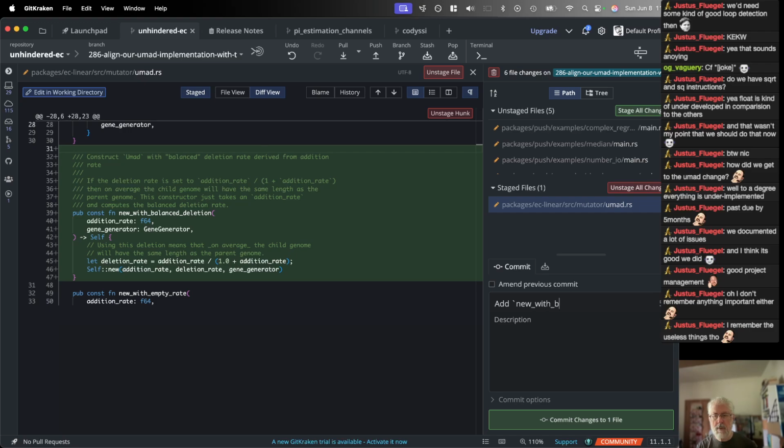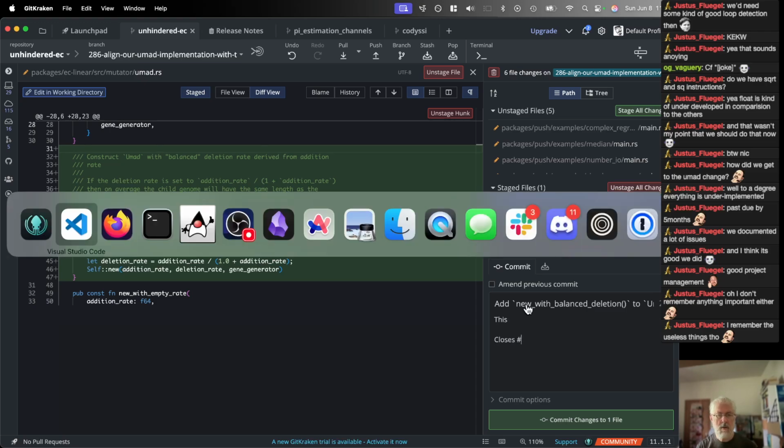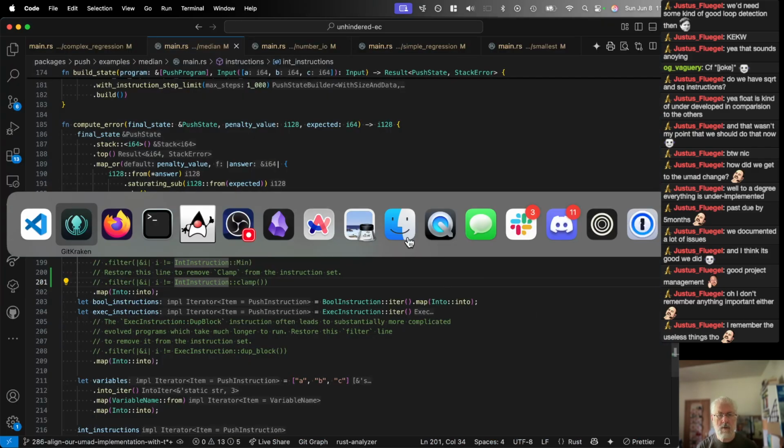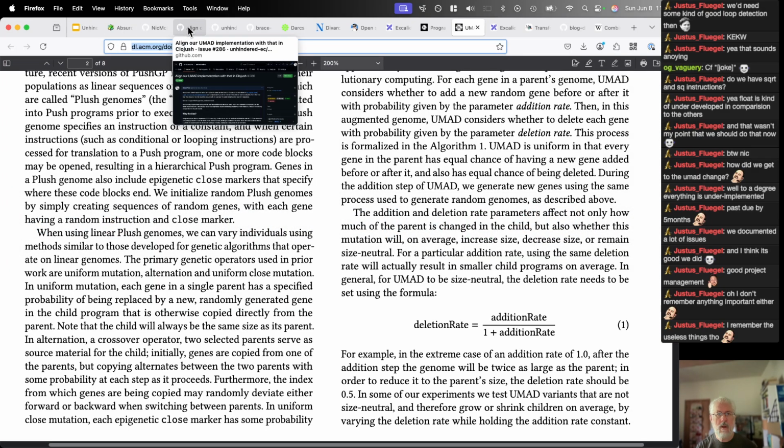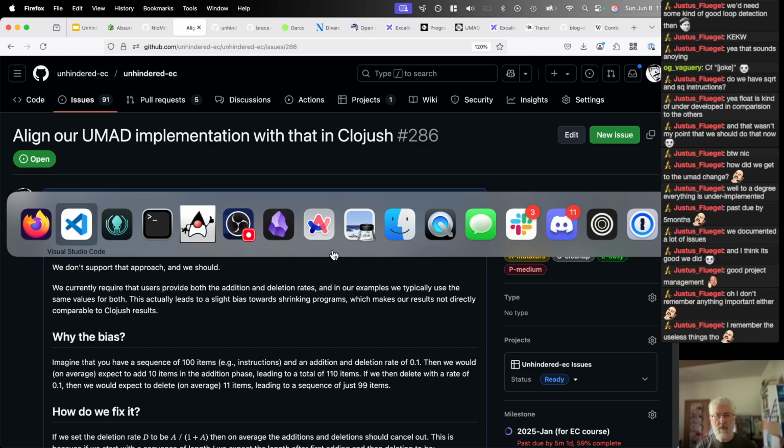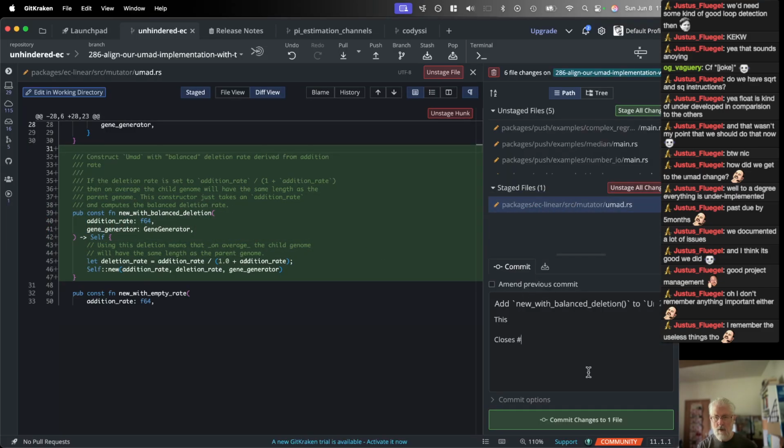So add new with balanced deletion to UMAD. Actually this closes, what does this close? This closes, oops, no, I want to be here. This closes 286.